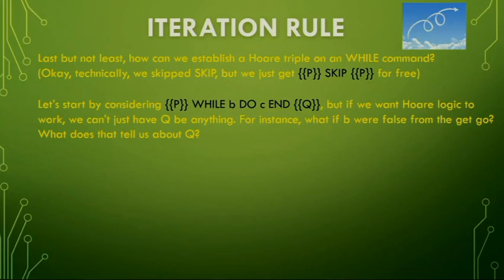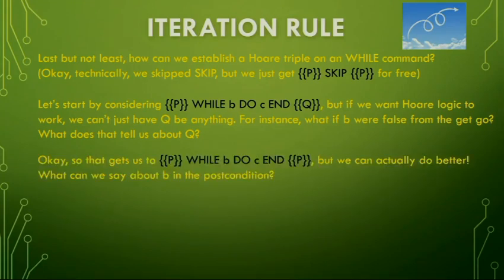So if we started off with an assertion about our state P, and we do nothing, there's no way we can end up with some potentially different Q, right? So in the event that B is false, what does the Q have to be? It has to be P. So go ahead and click. You might think, all right, this is going to be our rule for how to do while loops. But we can actually do a little bit better than that.